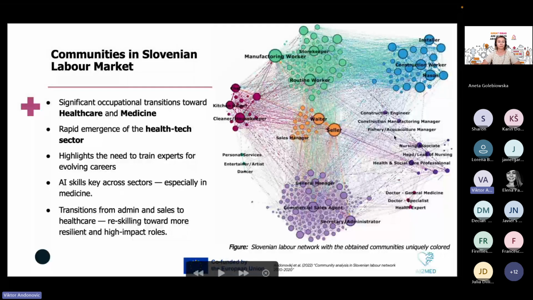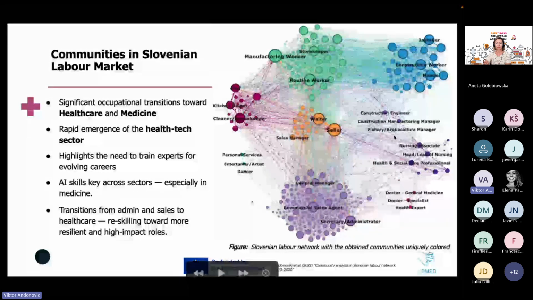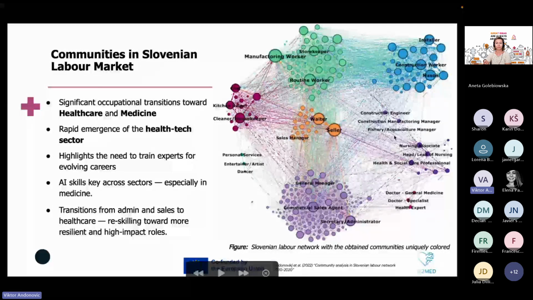The reason for this is that other professions who want to transition towards more upskilling professions, such as those in healthcare, are quickly transitioning there. This means there's a big requirement for reskilling of workers in the labor market in order for them to meet the job expectations at their job.